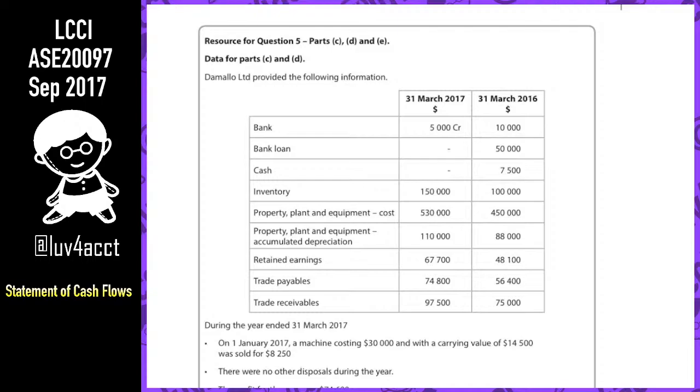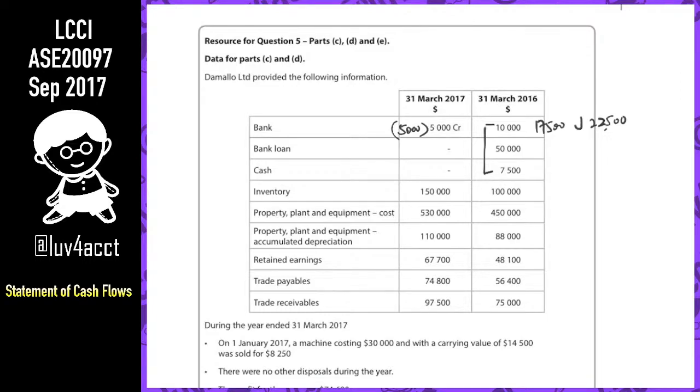So we have bank loan, cash. Originally we have the two added together, 17500. Now it is 5,000 negative. That is a decrease of 22500.